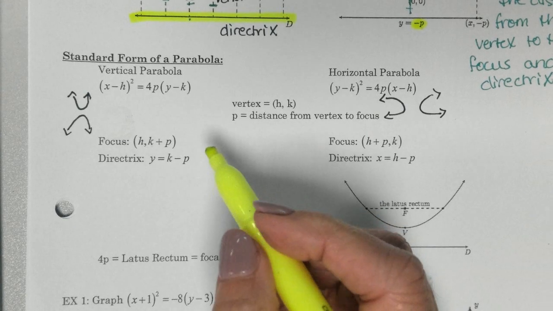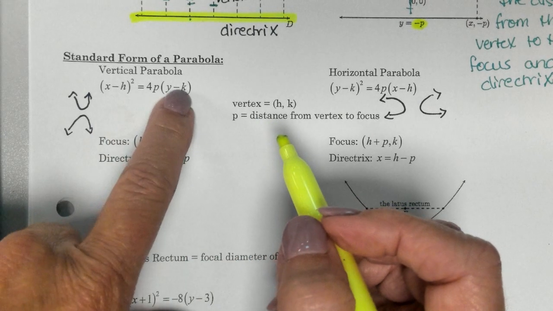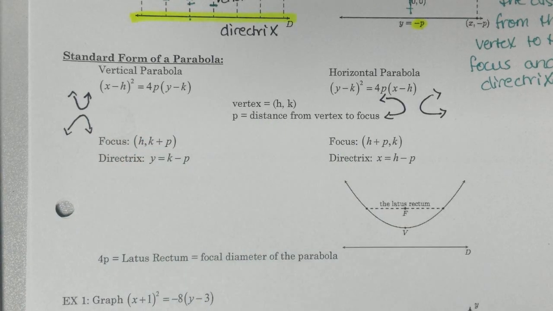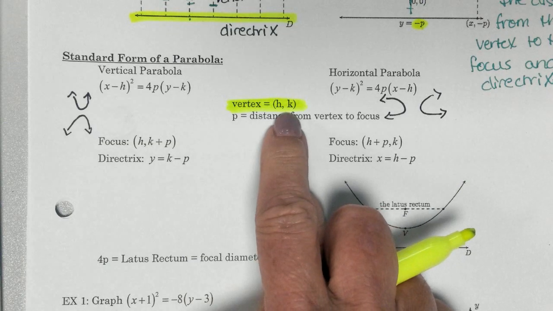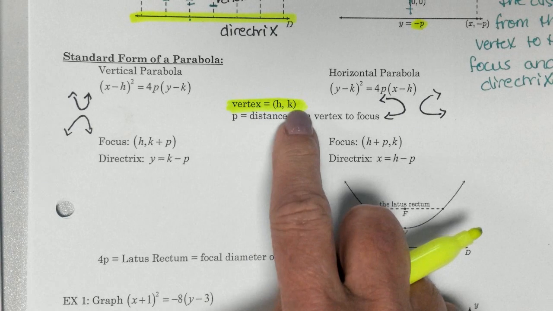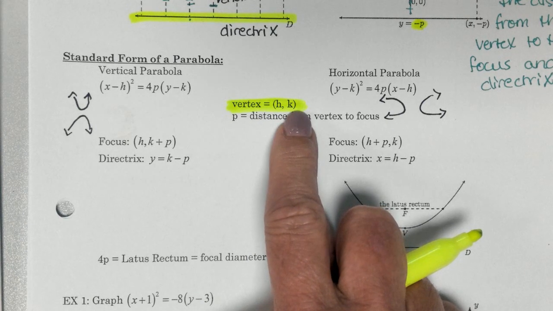Your vertex is what your center is in your circles and ellipses and such. But in this case, your vertex is the very middle. It's where you build off of. It's either your highest point or your lowest point if it's a vertical.